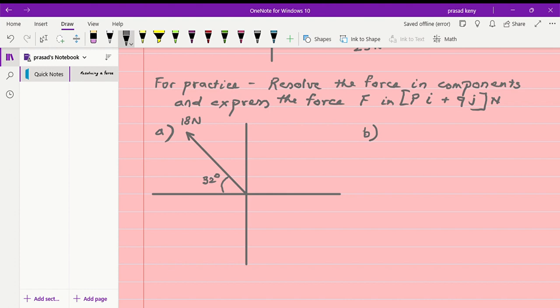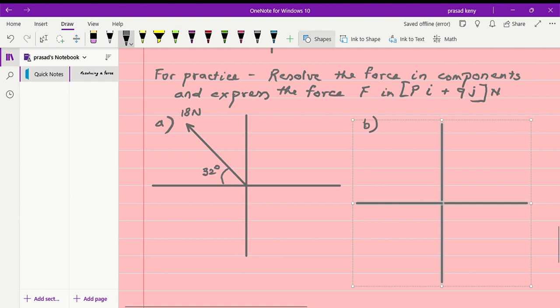Then the second one, now this is a 25 Newton force and this is 48 degrees with the negative y direction.